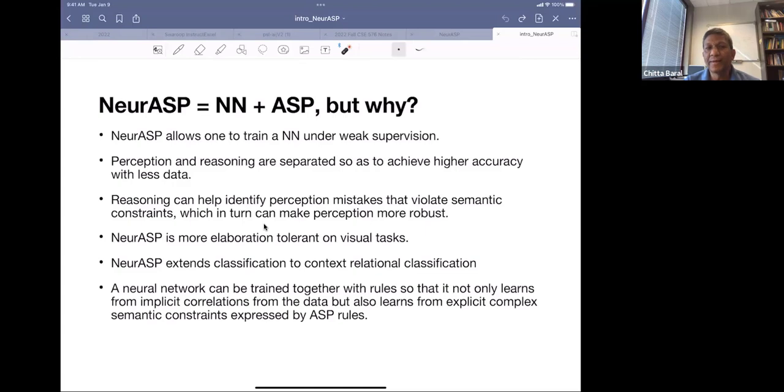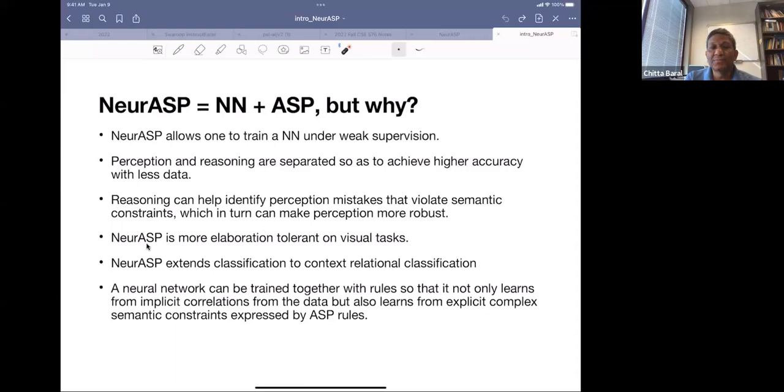That means less data, or data that you can create automatically fairly easily. And here, in the next example, you can nicely separate the perception part and the reasoning part. And moreover, the reasoning part can help make the perception model, which is the neural network model, better or more robust.